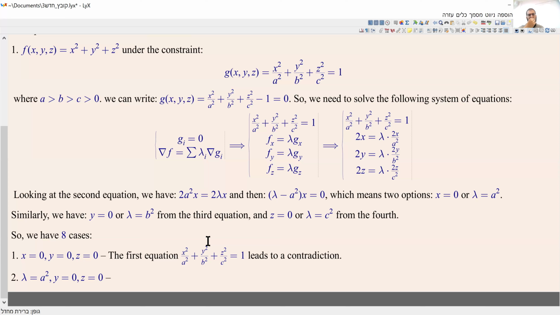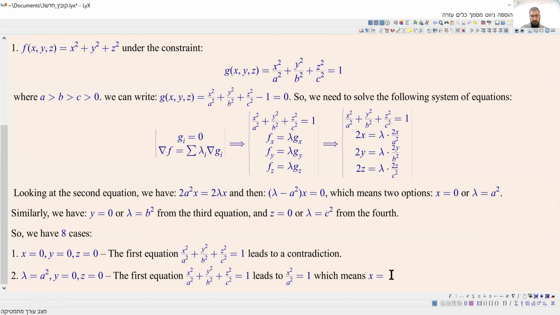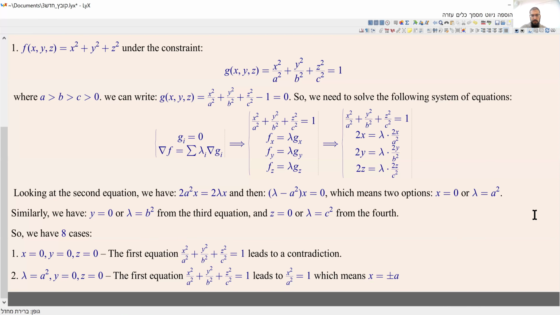In this case, when y and z are 0, the first equation leads to x squared over a squared is 1, which means that x is a or minus a, and we get the points plus minus a, 0, 0.